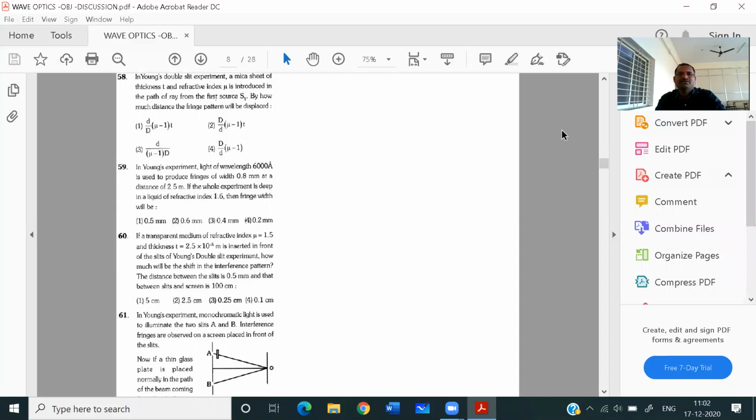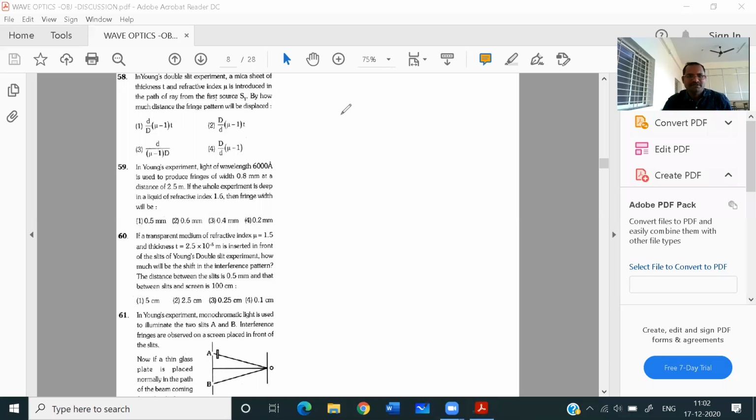See the 58th question. In Young's double slit experiment, a mica sheet of thickness T and refractive index mu is introduced in the path of the ray from the first source S1.